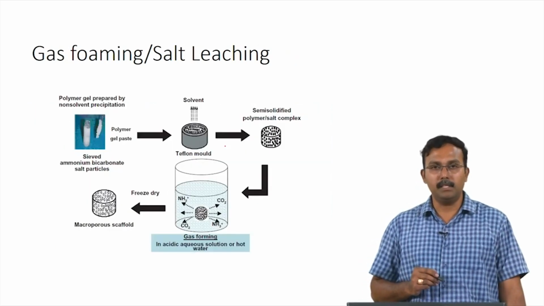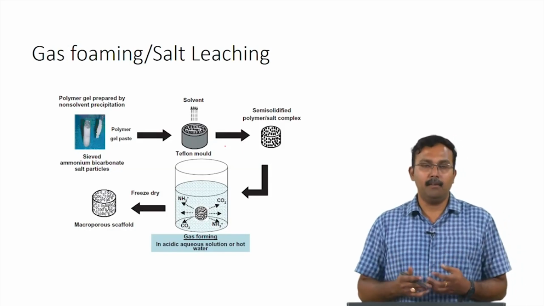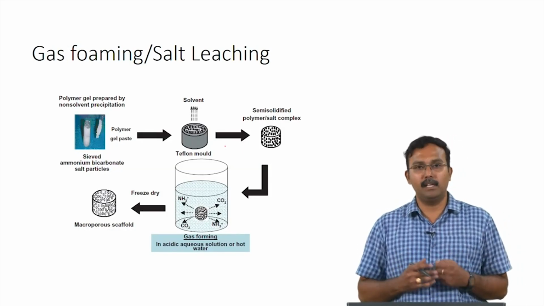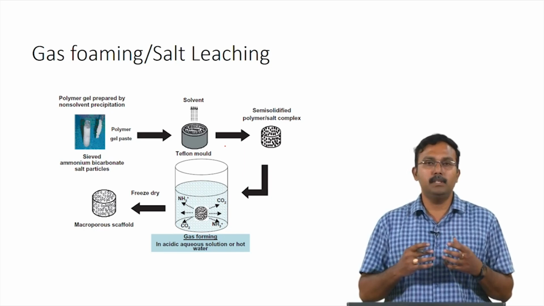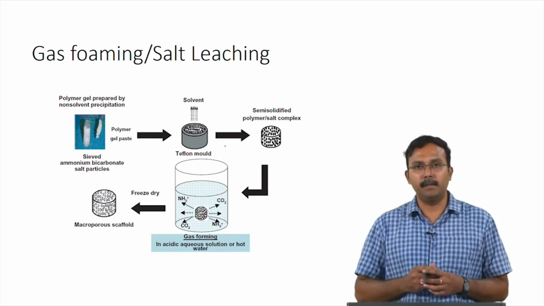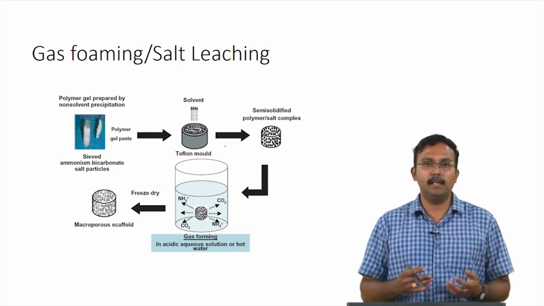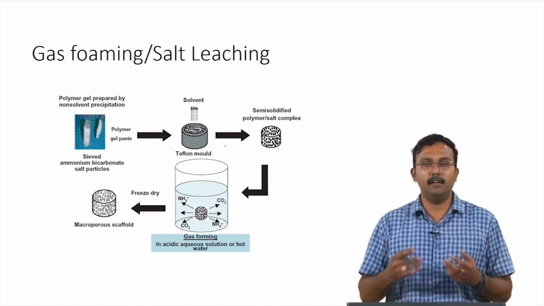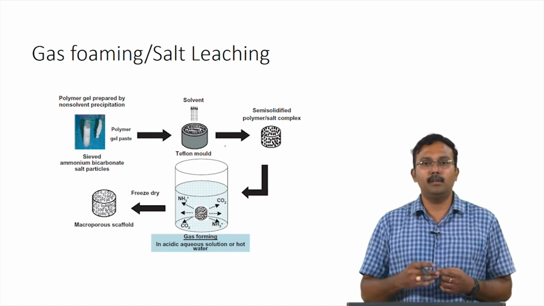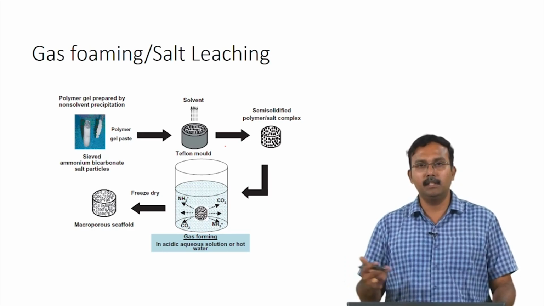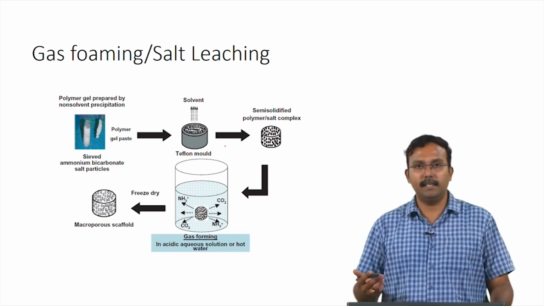To overcome this limitation, people have looked at the gas forming and salt leaching method. This also uses a very similar principle. However, instead of using a simple NaCl kind of salt, you use a salt which can cause gas to be generated.